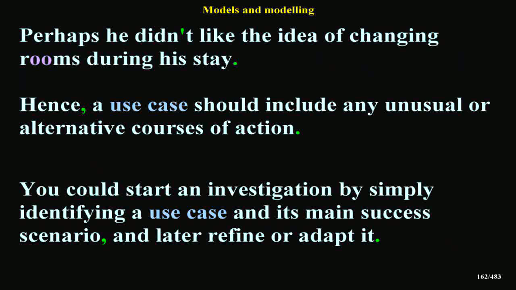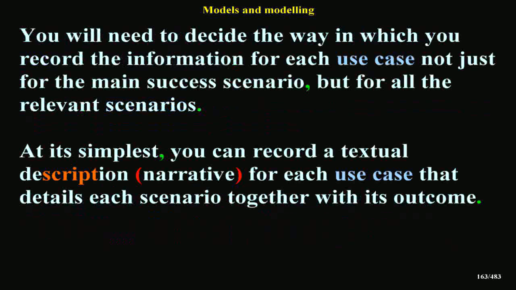You could start an investigation by simply identifying a use case and its main success scenario, and later refine or adapt it. You will need to decide the way in which you record the information for each use case, not just for the main success scenario, but for all the relevant scenarios. At its simplest, you can record a textual description narrative for each use case that details each scenario together with its outcome.